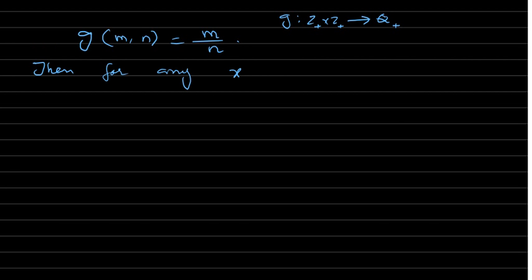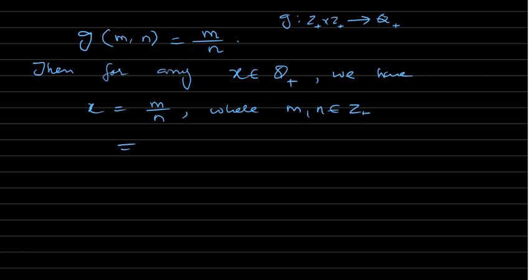Let's take x in Q plus. We have x is equal to m by n, where m, n belong to Z plus, since x is a rational number, so it's of this form. But what's m by n? It is g of m, n. So for any rational number x, we have a pair of integers m, n such that g of m, n is equal to x. So therefore g is a surjection.